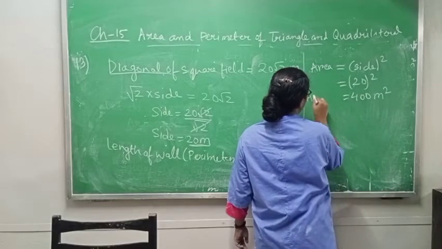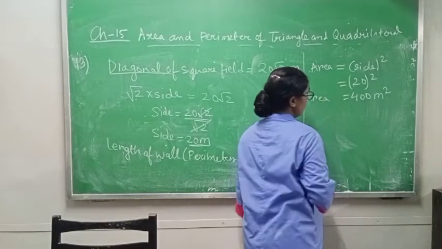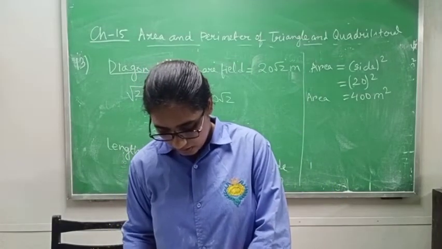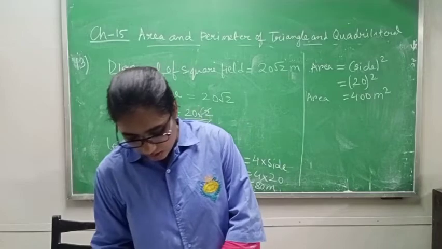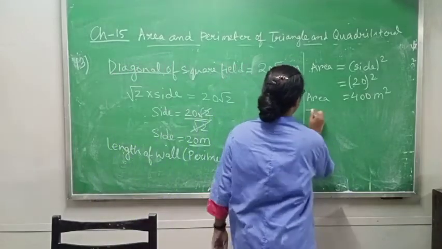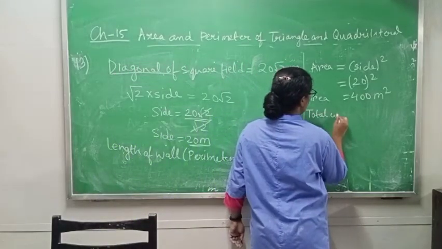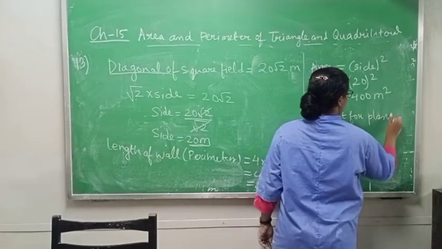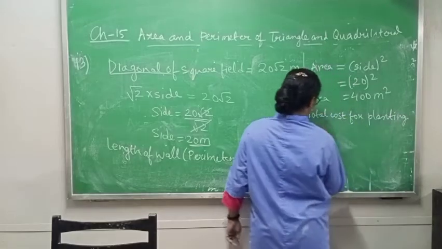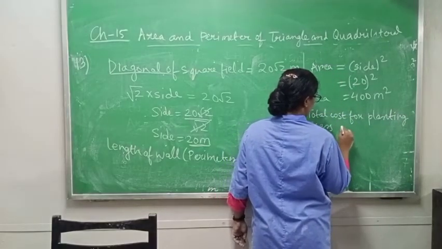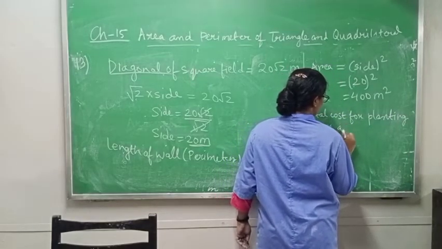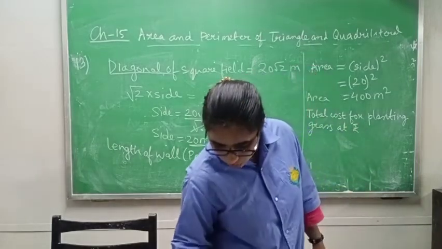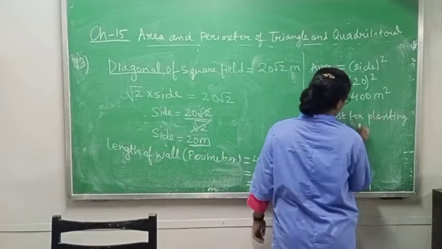Now they are telling to find the total cost. So first what you will write? Cost, total cost for planting grass at rate how much? 20 per square meter.